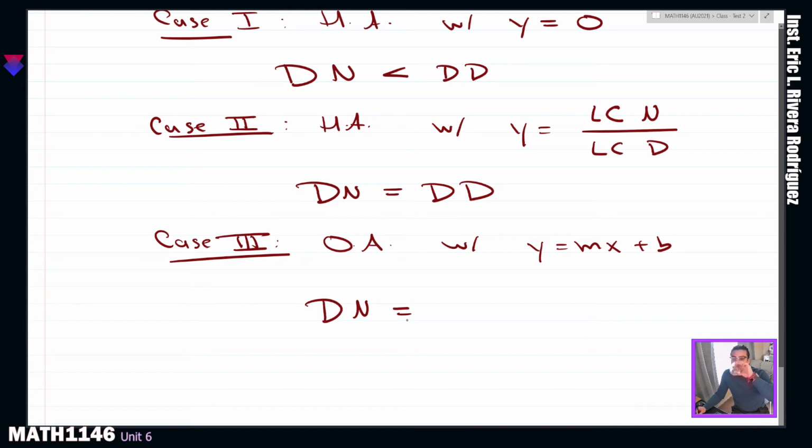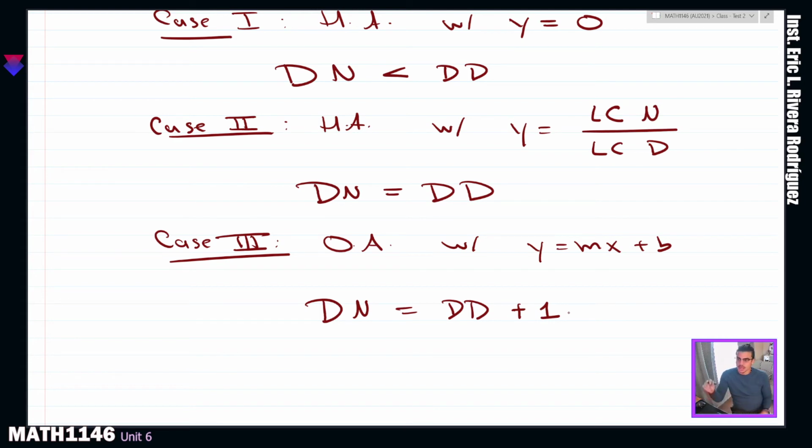When the degree of the numerator is 1 degree greater than the degree of the denominator. In other words, if we add 1 to the degree of the denominator, then that value is equal to the degree of the numerator, then we will have an oblique asymptote. And the oblique asymptote equation will be a linear equation.